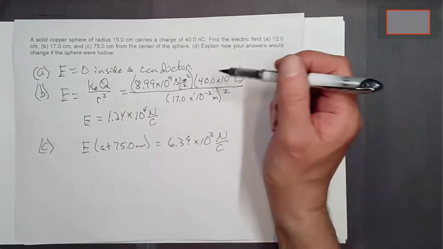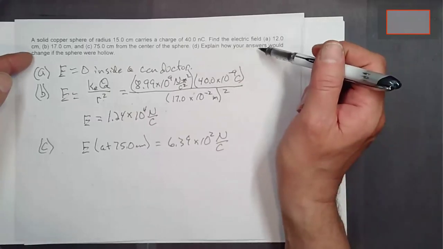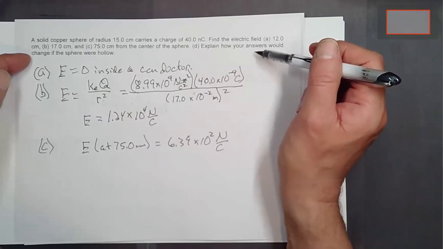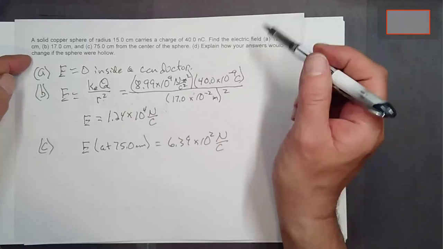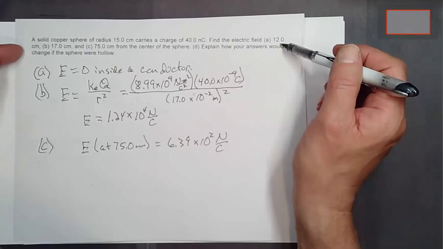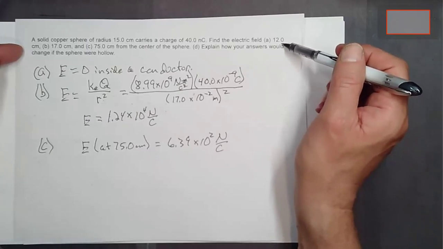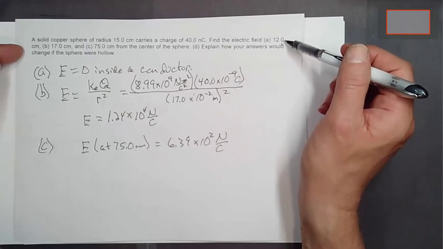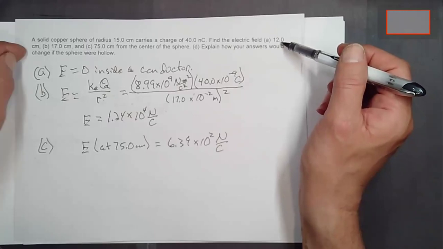Then it asks, explain how your answers would change if the sphere were hollow. Well, if the sphere were hollow, you'd be inside a hollow space for part A, and there wouldn't be any charge inside your little Gaussian surface if you calculated it. There wouldn't be an electric field in there in that case.